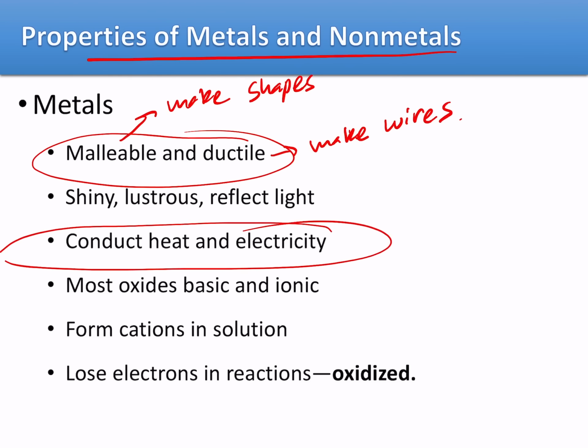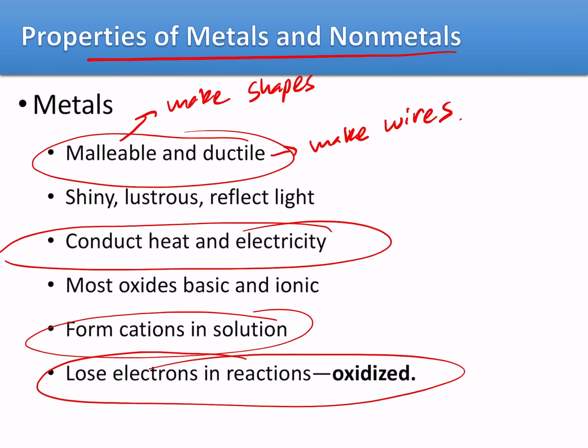They are good conductors of heat and electricity, and probably in terms of chemistry, the most important thing for you to know is that they tend to form cations, and they form cations by losing electrons. So generally speaking, metals get oxidized. Oxidized meaning they tend to lose electrons.